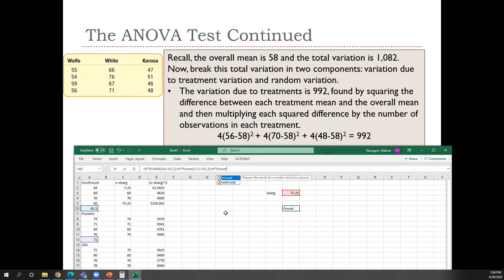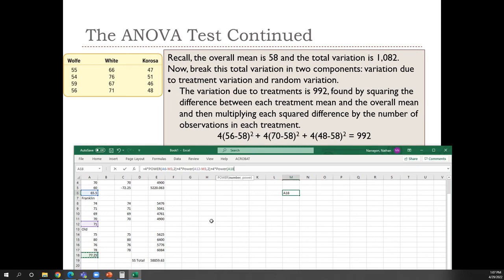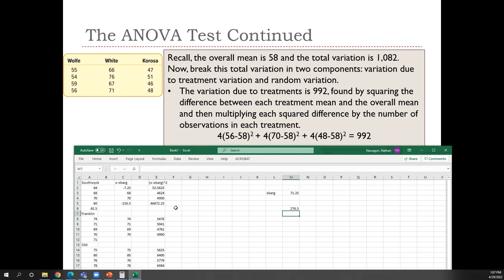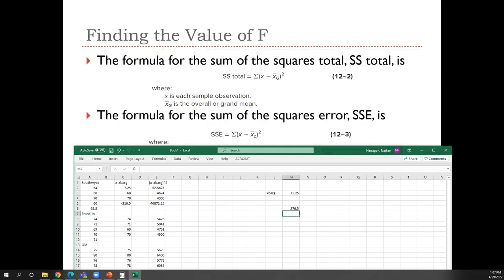Multiply by power, again, their mean minus the grand mean squared, and that should be our treatment. A lot easier.